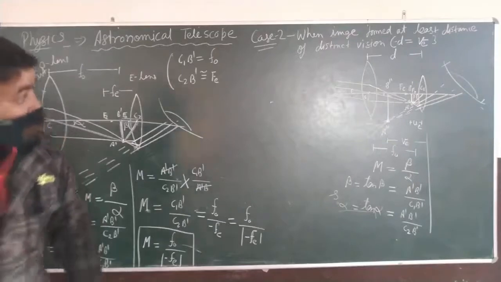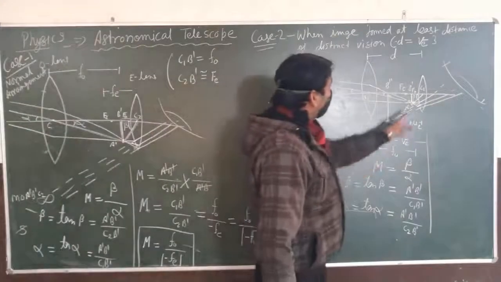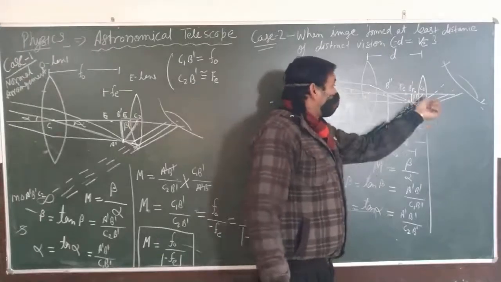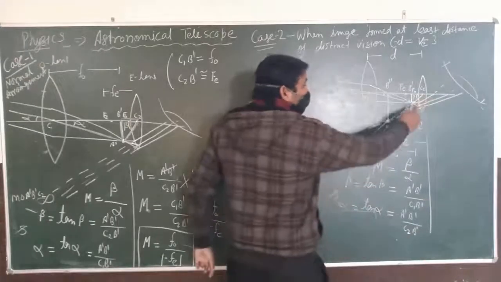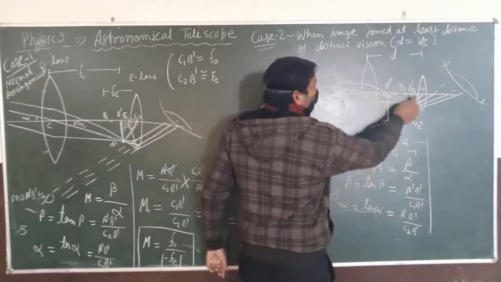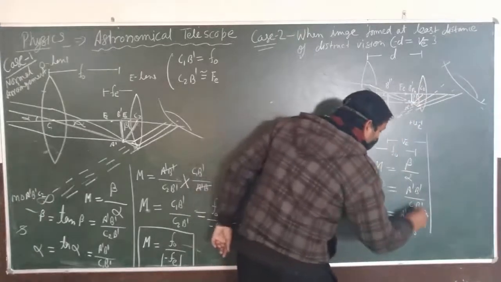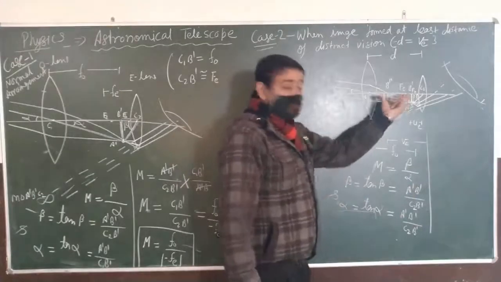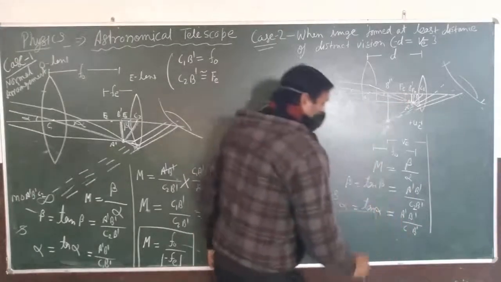Same C2 B dash. We are solving this for the final limit. This will be taken as the same value, C2 B dash, and this is C1.